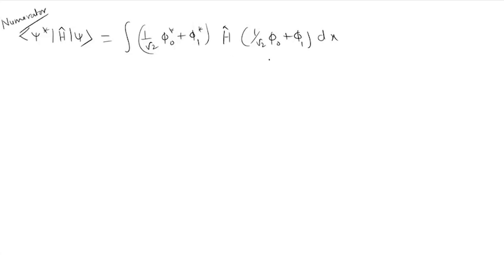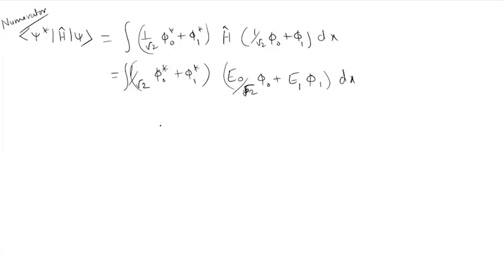You can quickly say, again, when Hamiltonian is acting, the first part is the same. Hamiltonian acts on the second function, gives you energies. One is E0. E0 over √2 phi 0 plus, when Hamiltonian acts on the second one, because they're eigenfunctions of this Hamiltonian, you get something like this, and then dx. You can multiply again.